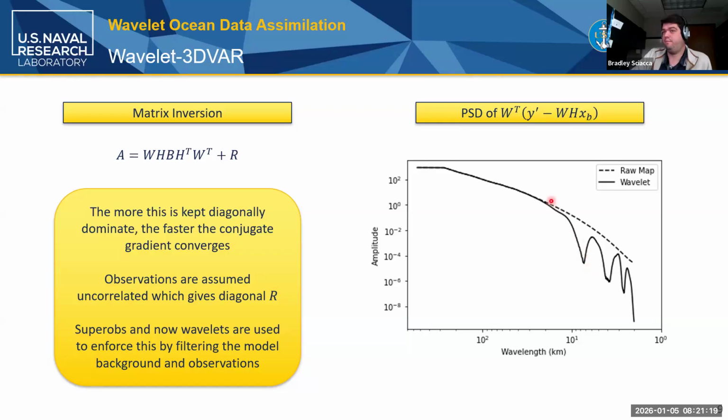So you can see now we've removed essentially the 10 kilometer and under information. It has essentially the power going to zero now. But we still have some important small scale information that we want to assimilate from here on up, which is around 100 kilometers to 10 kilometers. So we removed potentially problematic information that would cause significant off-diagonal terms, and we kept stuff that we would want to assimilate.